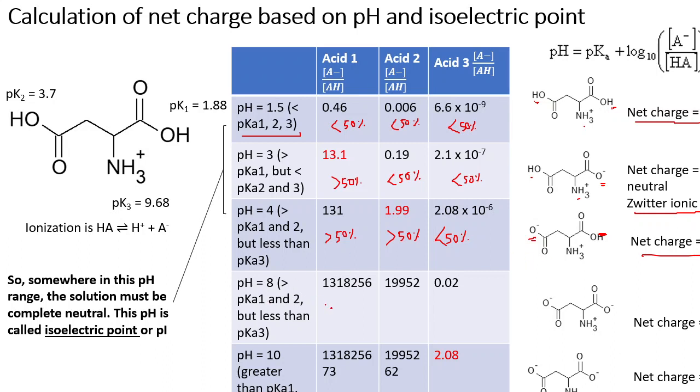At pH 8, again, this is still over 50%, this is over 50%, but this is still less than 50%. So still the net charge is -1 because this is minus, and this is plus. At pH 10, now all of them are over 50%, meaning that the net charge has now become -2.